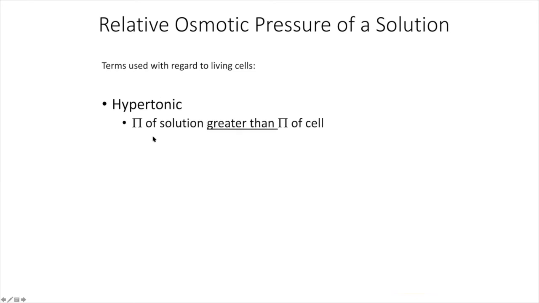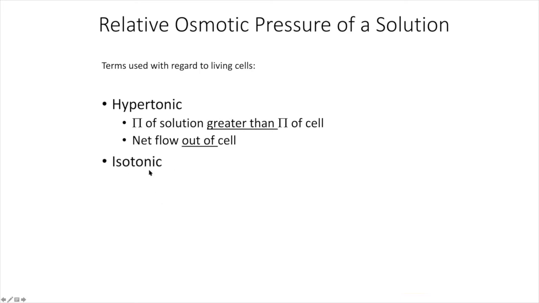So the way that would be expressed in terms of osmotic pressure is that the osmotic pressure of the solution is greater than the osmotic pressure inside of a cell. And so the outcome is that the water in the cell is going to rush out of the cell and into the surrounding solution in order to try and dilute the exterior solution. So there's going to be a net flow of water out of the cell, which obviously is not healthy for the cell.